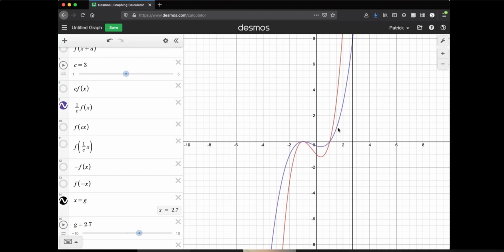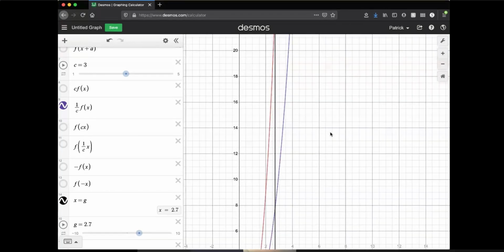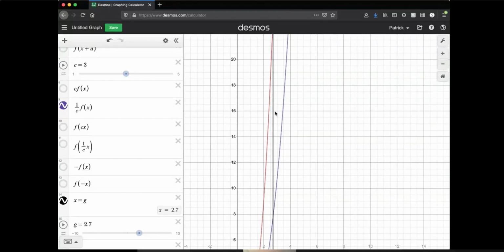Not by a lot, but as long as we keep moving to the right, the gap between the red curve and the purple curve, when you're measuring it with the black line, is only getting larger.